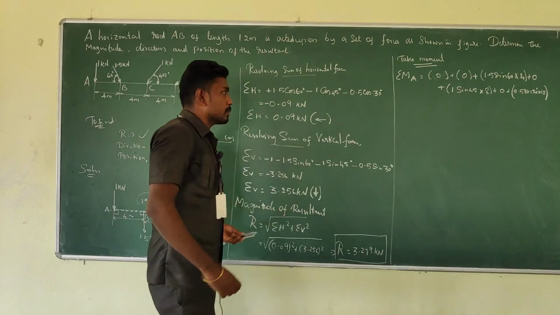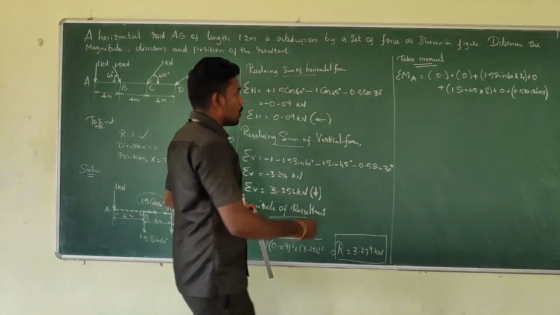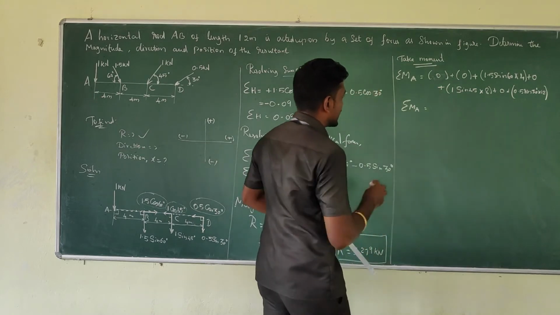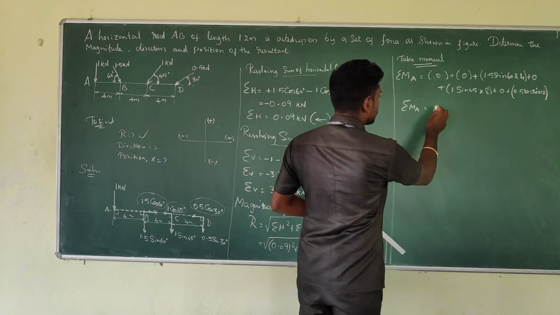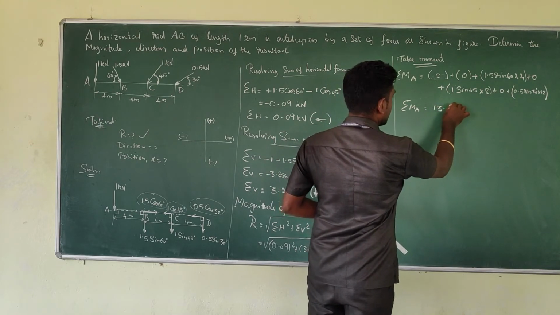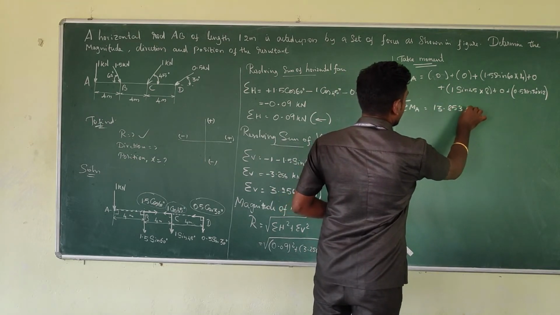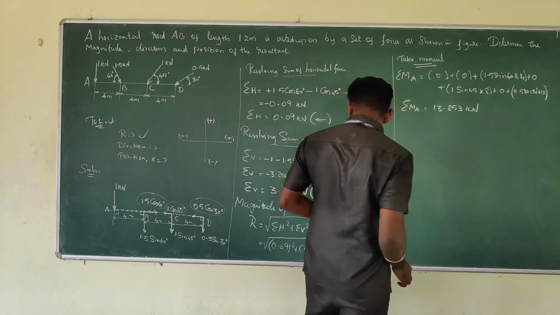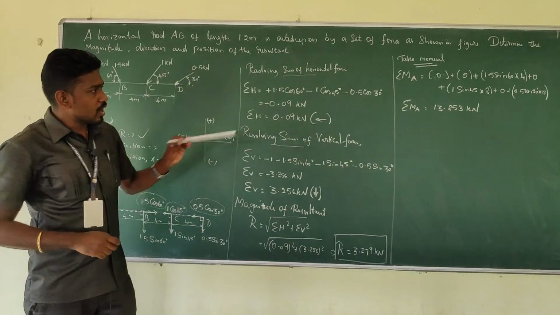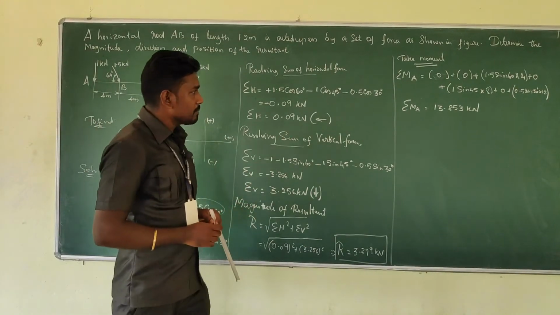So if you calculate it, the sum of moments about point A we get 13.853 kilonewton-metre. So now we got the direction.